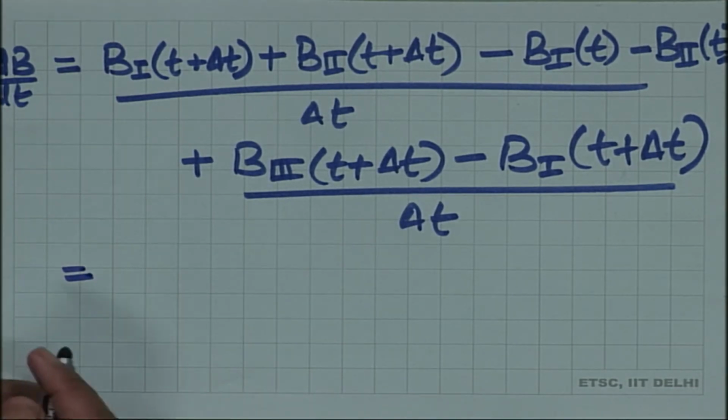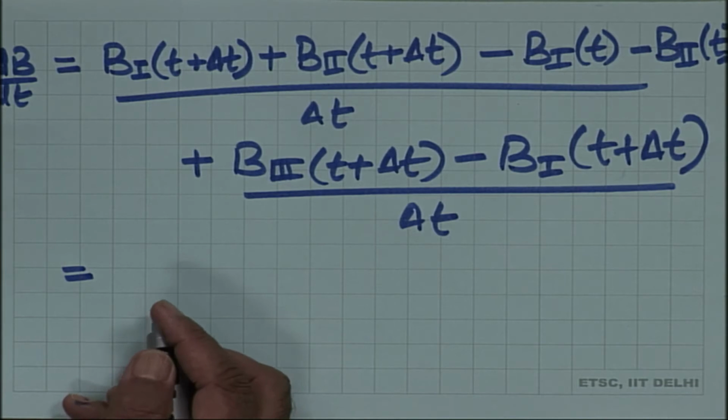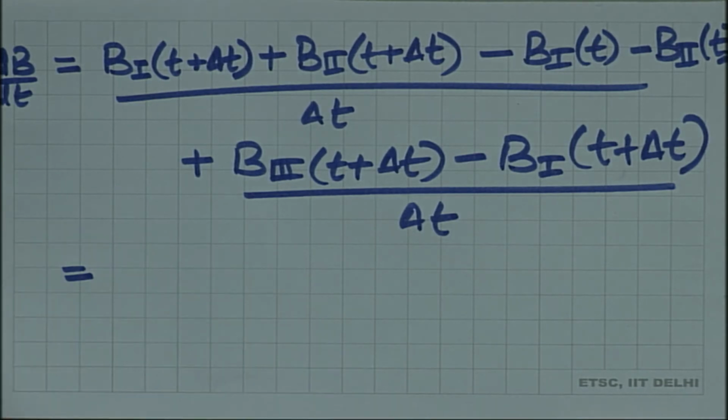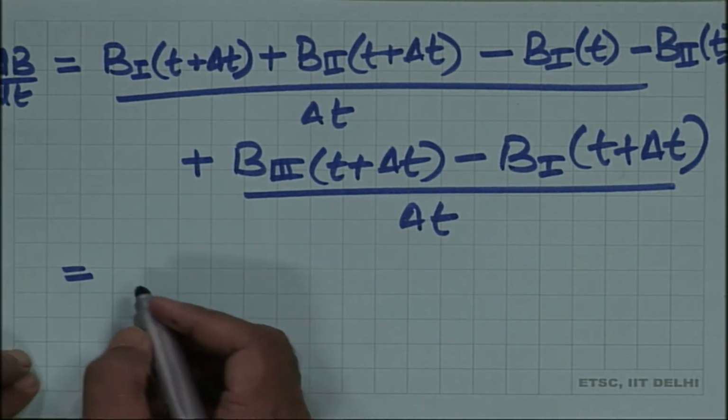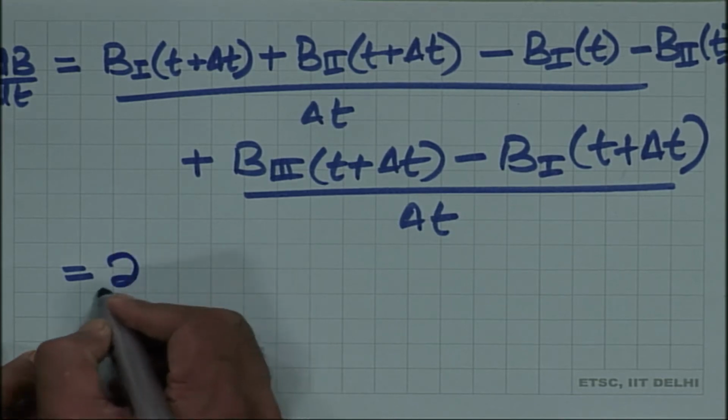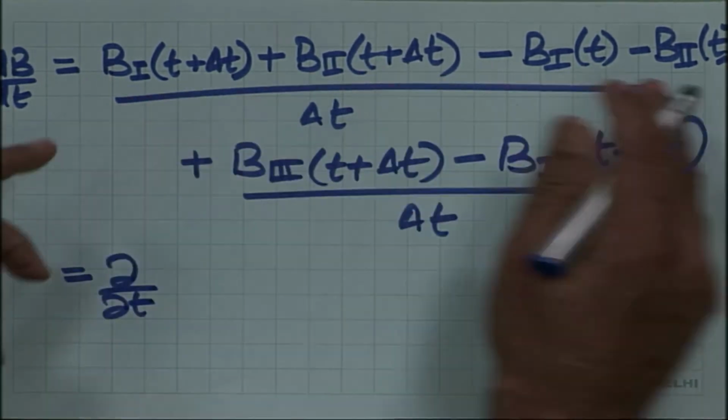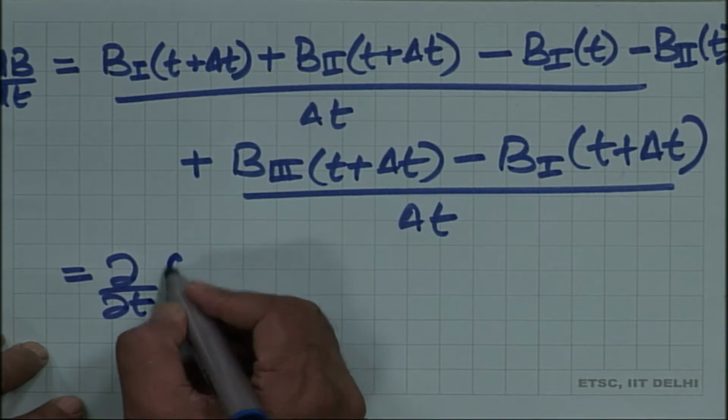So, this will become equal to, when I add and subtract, the first term becomes the derivative of the integral.